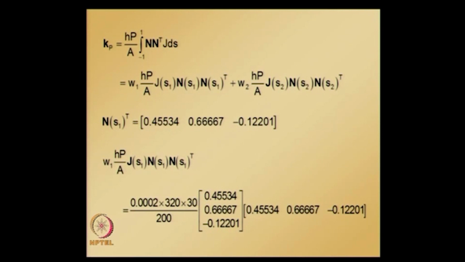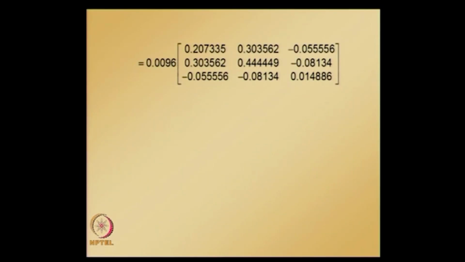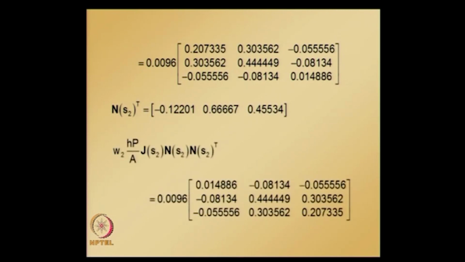and carrying out vector multiplication we get this one. Now, the shape function vector at the second integration point, integrand at the second integration point multiplied by weight at the second integration point is equal to this one.